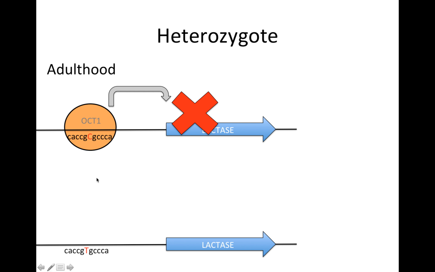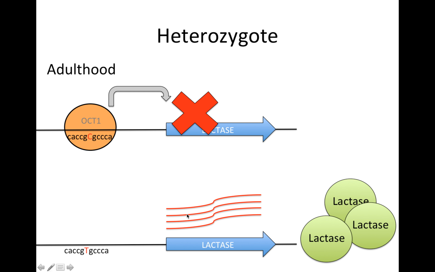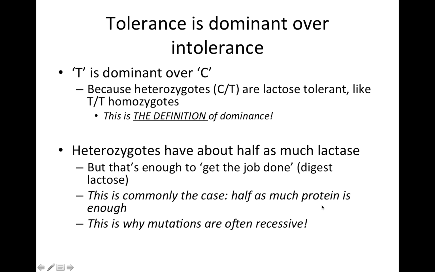However, as we've discussed, this OCT1 cannot bind to this site, and so this copy of the lactase gene is going to be on, and we're going to be expressing lactase. So basically, we're going to get roughly half as much lactase as we otherwise would. And so the question is, heterozygotes who have half as much lactase, what is their phenotype? Can they digest lactose or can they not?